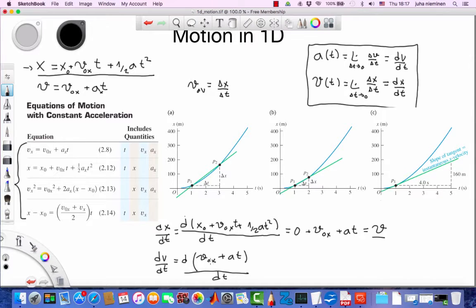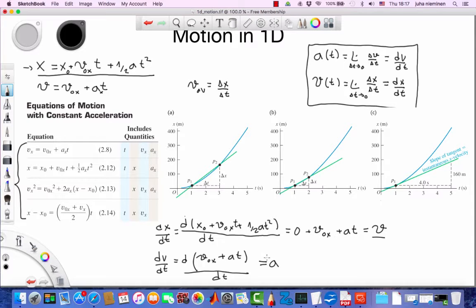Now the velocity term is constant and we only have this one, so the derivative of at with respect to t is just a. So we have constant acceleration. And this makes sense because we are talking about constant acceleration to start with.